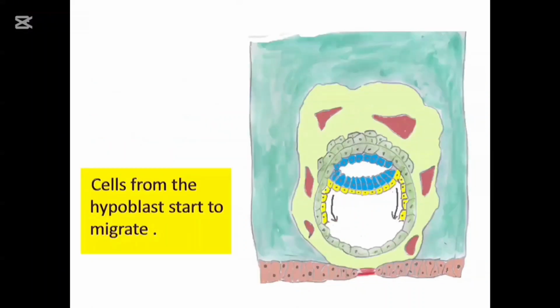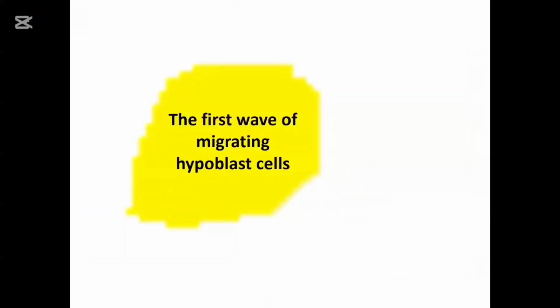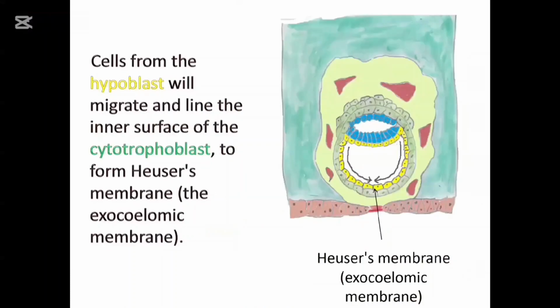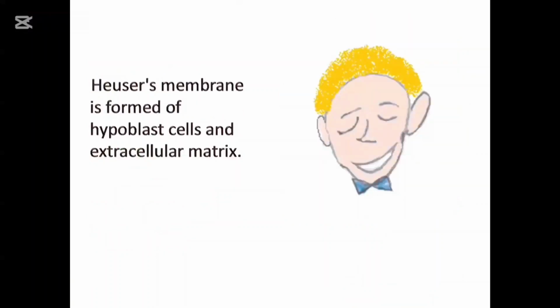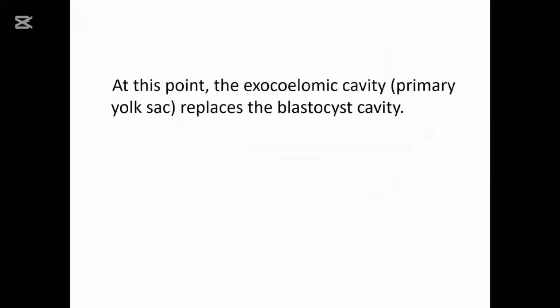Cells from the hypoblast start to migrate in two waves of migration. The first wave of migration, as shown here, will completely cover the inner surface of the cytotrophoblast and form Heuser's membrane, or we call it the exocoelomic membrane. So Heuser's membrane is formed of hypoblast cells and extracellular matrix.